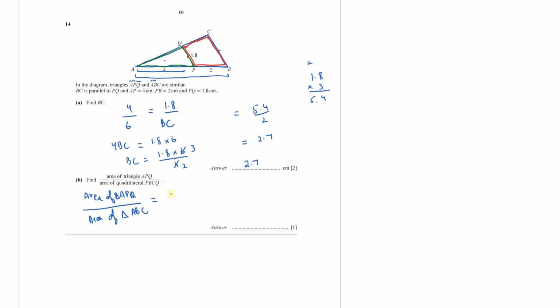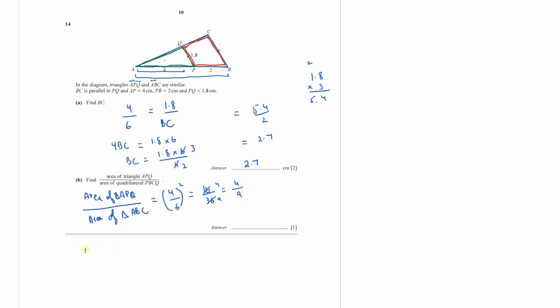So AP is 4, and AB is 6, and then whole squared, since we are taking the ratio of the areas. So this becomes 16 over 36, and then I can divide this by 4. 4 fours are 16, 4 nines are 36. So you get 4 by 9. So area of triangle APQ is 4, and area of triangle ABC is 9.